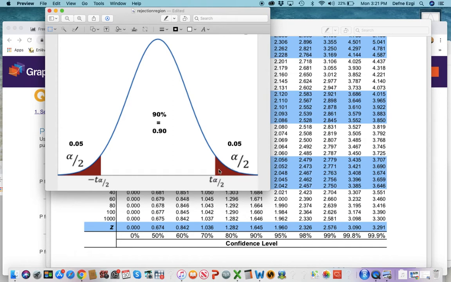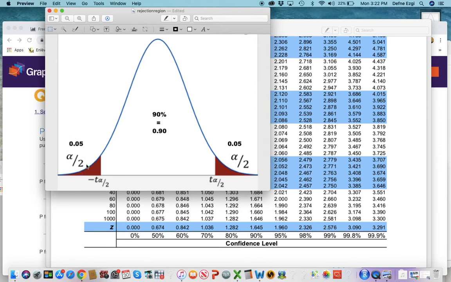But each of these red tails are identical to each other, right? They are exactly the same size. The area of each of these tails is simply alpha divided by 2. So given that our alpha value was 0.1, if we divide that by 2, we find that alpha over 2 equals 0.05.